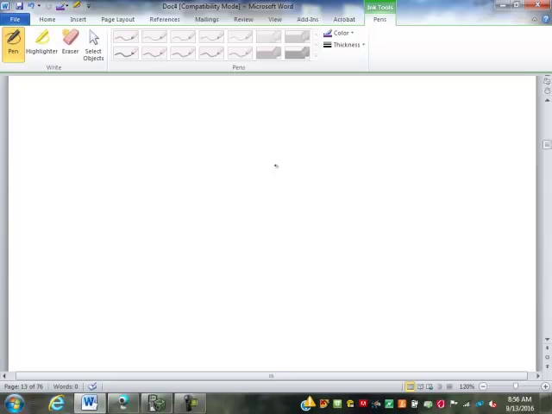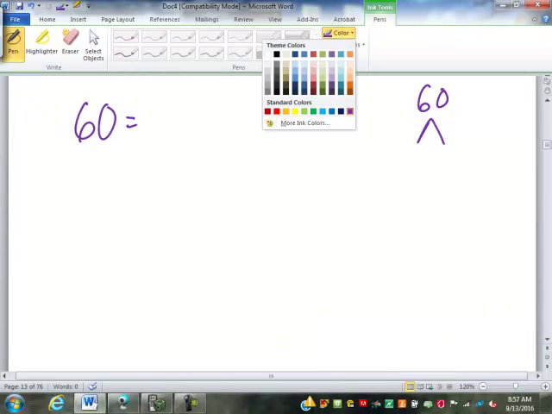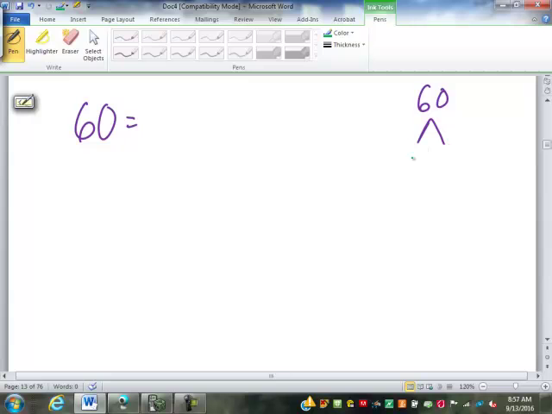So let's look at 60. Prime factor 60 for me quick in your notes. So what's one number that goes into 60? 5? Okay, let's do 5. What's 60 divided by 5? 12. Is 5 prime? Yes, I'm going to circle it. Is 12 prime?